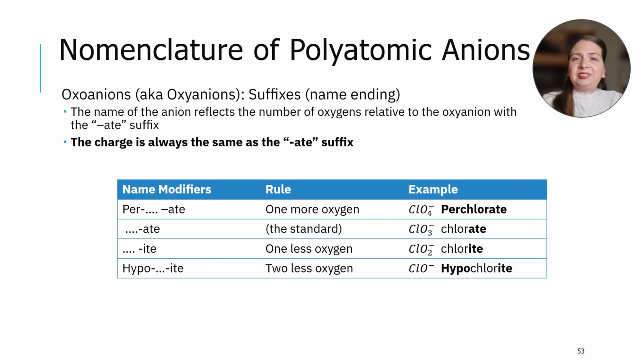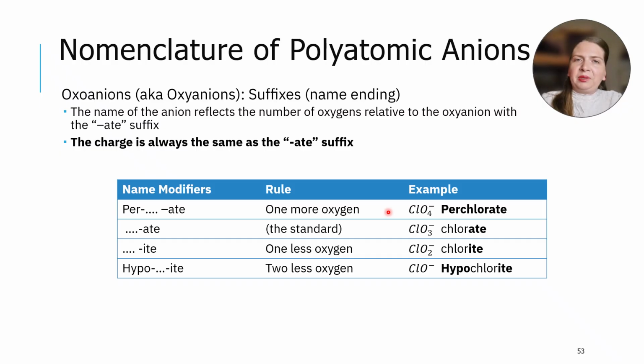Earlier, we learned several polyatomic ions ending with the suffix -ate. Many of these ions have variations with different numbers of oxygen atoms, but the same overall charge. If a polyatomic ion has 1 more oxygen than the -ate ion, the per- prefix is added. For example, chlorate is ClO3-, while perchlorate is ClO4-.